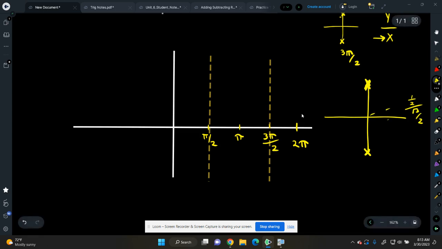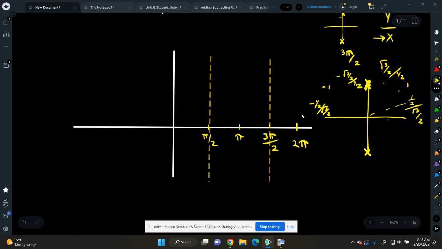That's at 30 degrees. At 45 degrees, we get 1. At 60 degrees, we get root 3 over 2 over 1/2, right? Just doing y over x. Everybody following me? Okay. On the other side, we're going to get negative root 3 over 2 over 1/2. Yeah, it's still negative. We get negative 1. We get negative 1/2 over root 3 over 2.